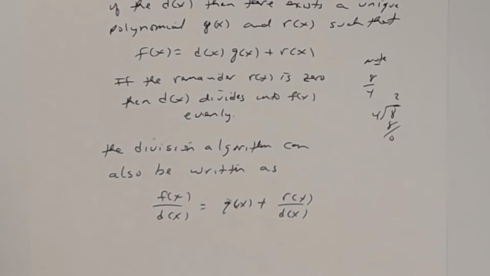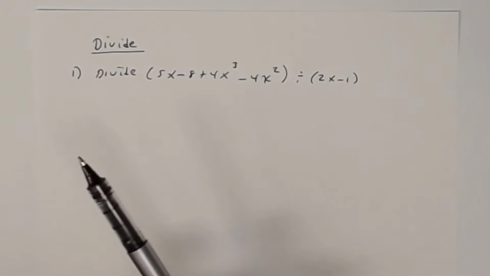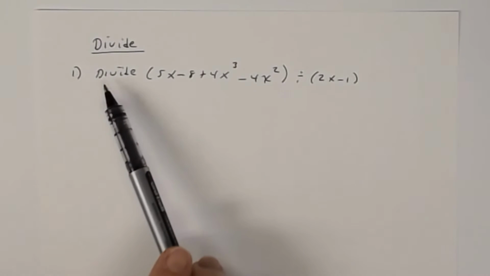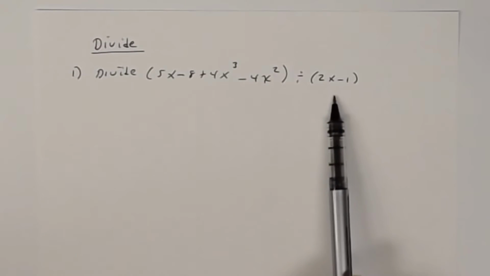Okay, now let's go ahead and do some more examples like we did in the previous lesson. Okay, so let's do the first example. Sometimes the directions will say certain things. Notice that in number 1, it actually says the words divide this polynomial by, well, it says divide.